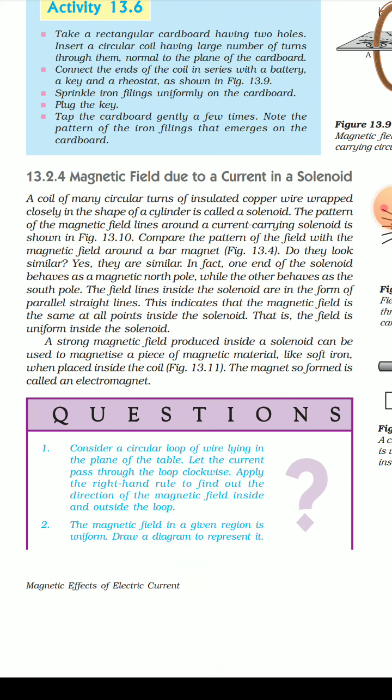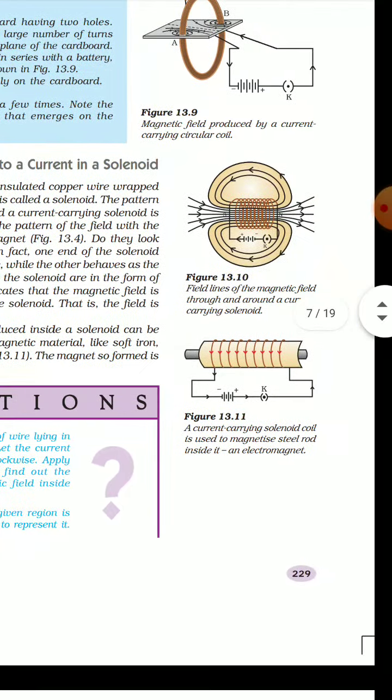Now if you remove that LPG cylinder and you have these coil turns like a spring, this kind of thing is known as a solenoid. So a coil of many circular turns of insulated copper wire wrapped closely in the shape of a cylinder is called a solenoid. For example, you can see it here.